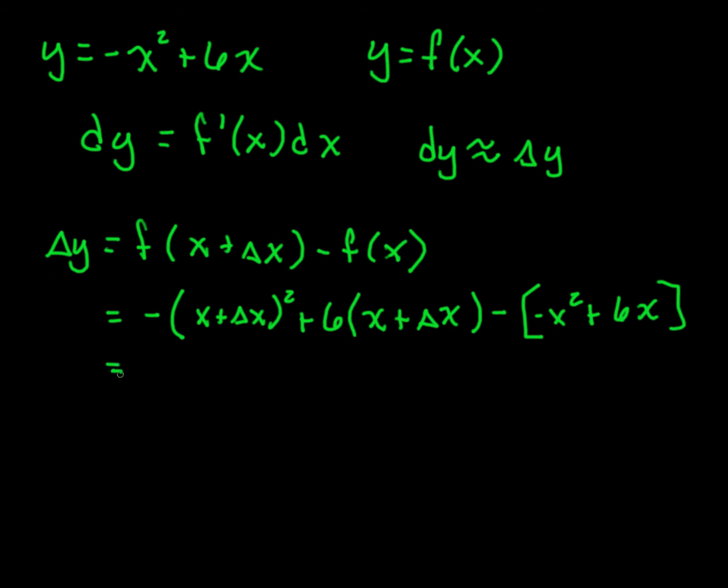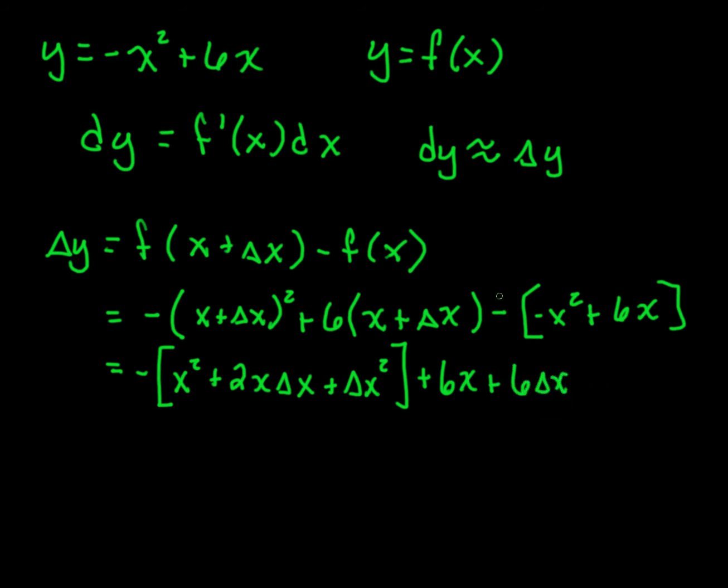Running through the algebra here, I get a negative x squared plus 2x delta x plus delta x squared plus 6x plus 6 delta x. Then this minus distributes through, so I get plus x squared minus 6x. And I can clean up already because there is a 6x here and a minus 6x there.